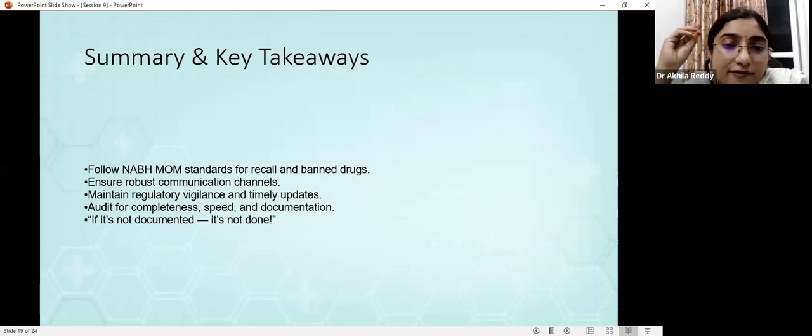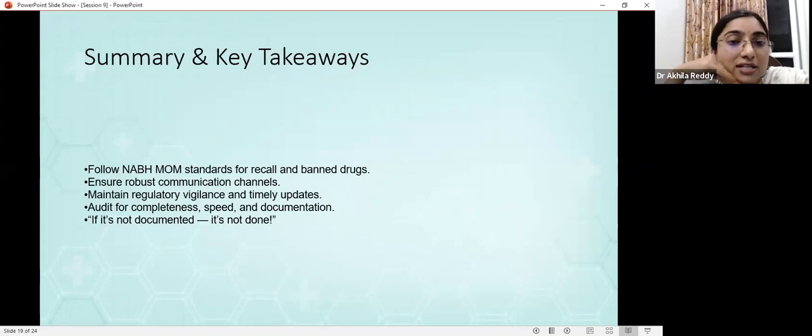This is a key takeaway for the MOM standards, that is the management of medication standards. Whenever there are recall drugs and banned drugs, we should be updated on the regulatory vigilance, so that we can escalate it to the clinicians and the healthcare professionals who are using it, and we can remove it from the storage areas and the usage areas of the entire hospital.